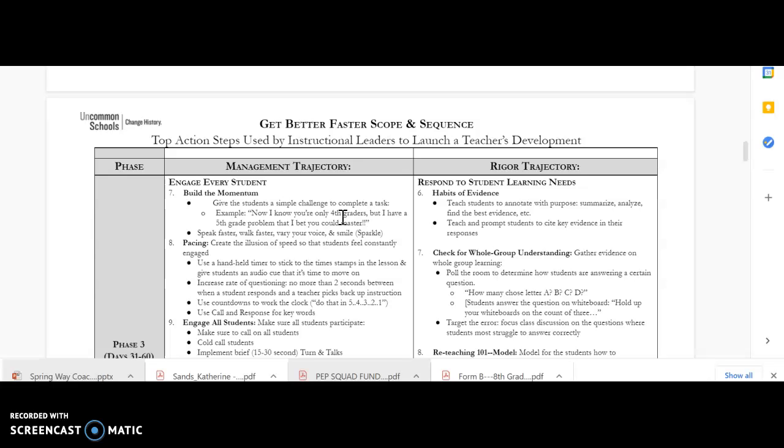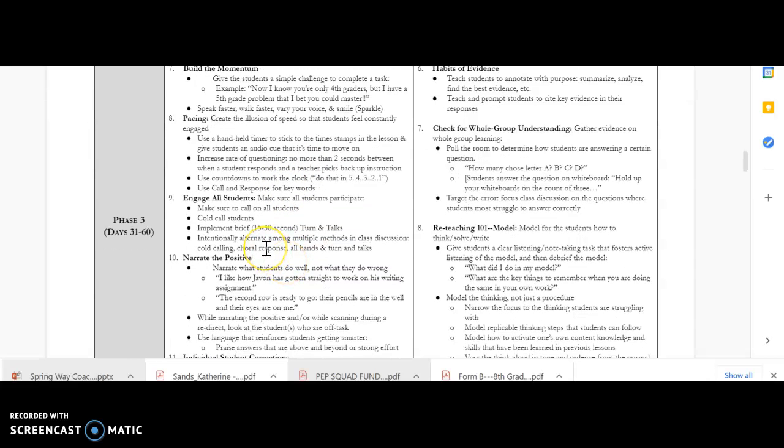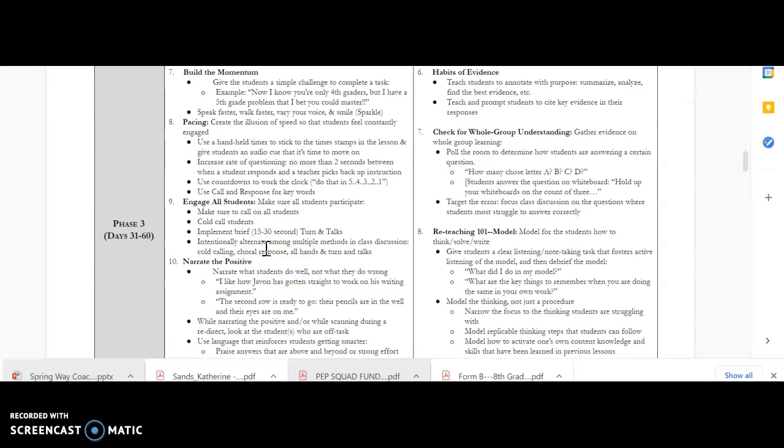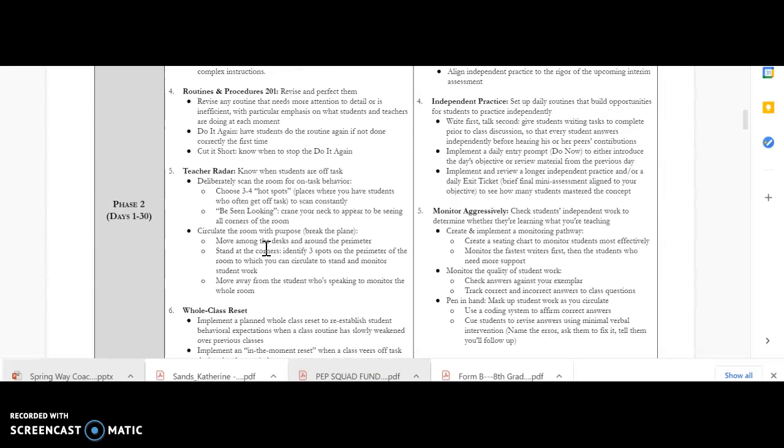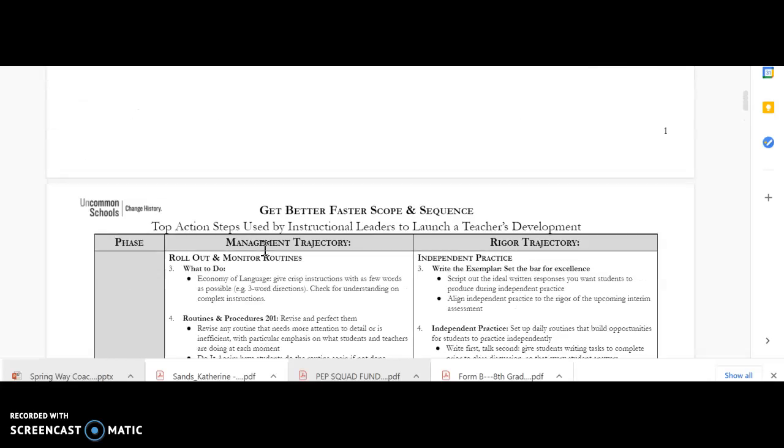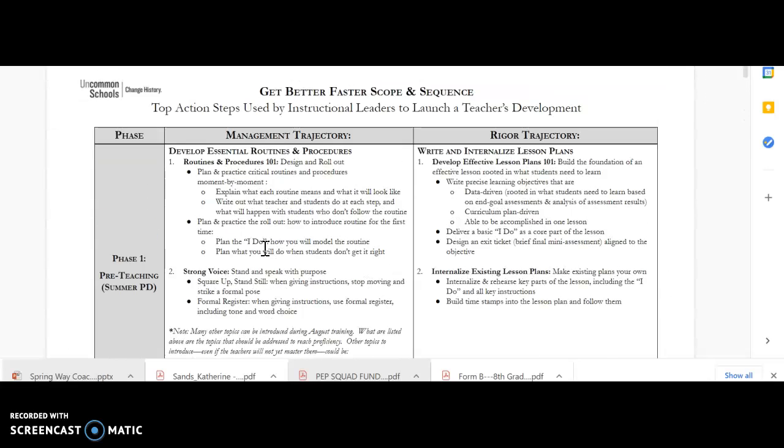So in other words, they could have problems. Sure, they could have a problem with engaging all students. They could have a problem with teacher radar. But what if the major real issue that you have to start with first is that they have to have a strong routine? So you have to start where you feel the basic root of the issue is. Why is that?